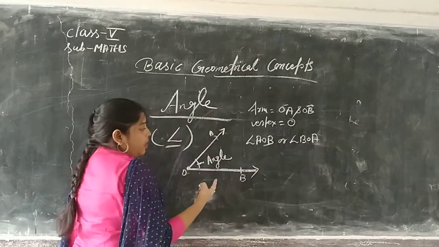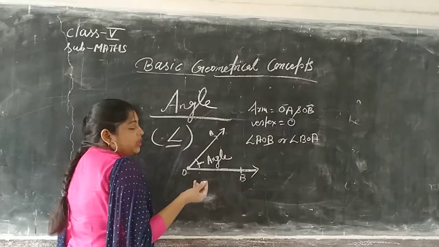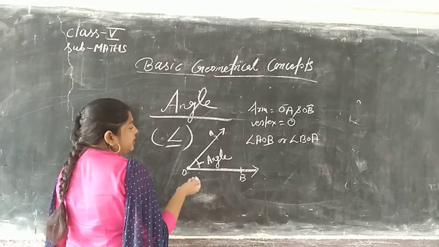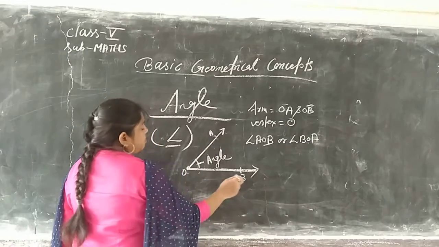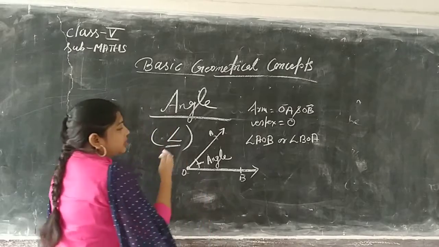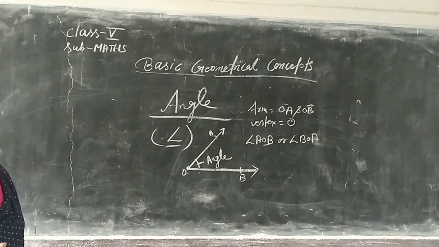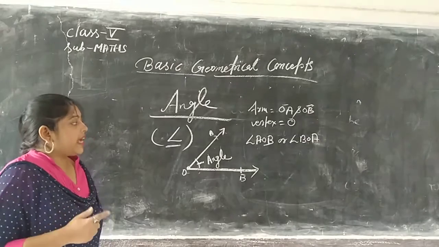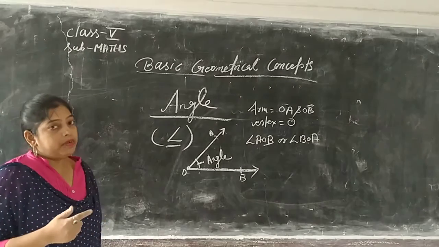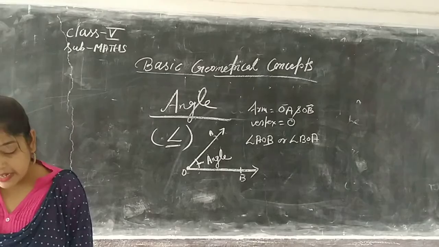Both are the same, just another form of the name. AOB is also written as BOA. So this is called the angle. What is the definition of the angle? An angle has two arms that make one vertex. So this is called the definition of the angle.